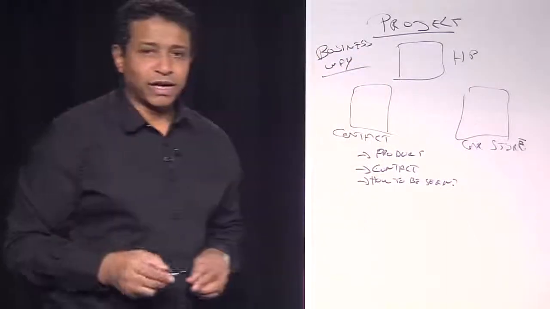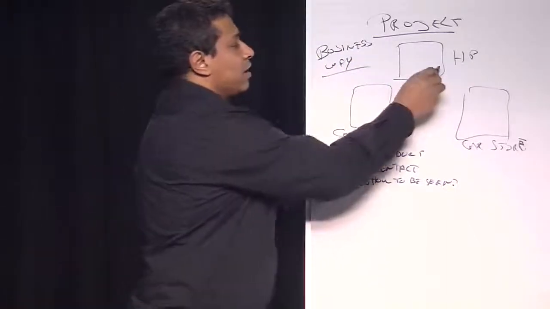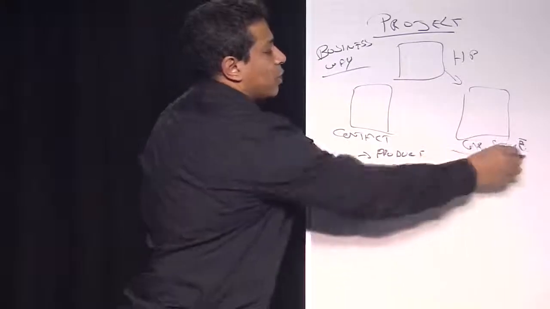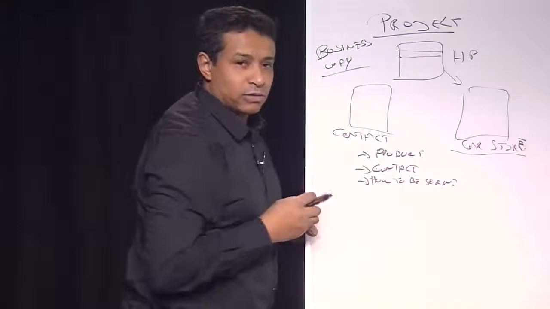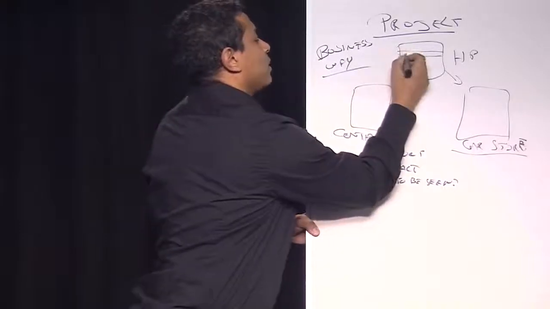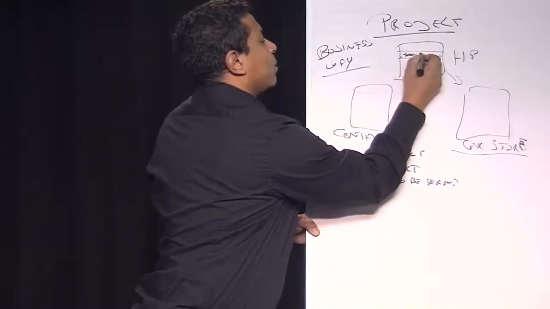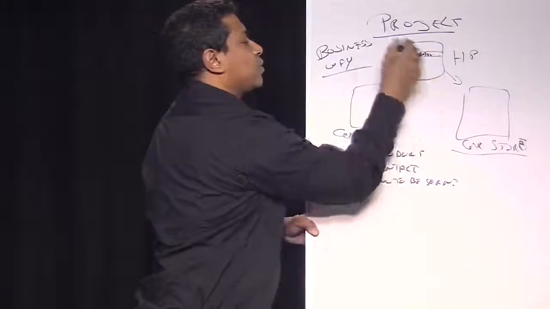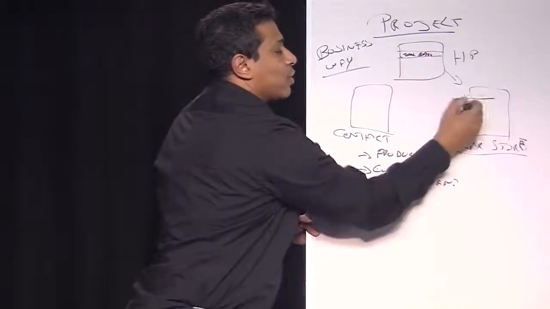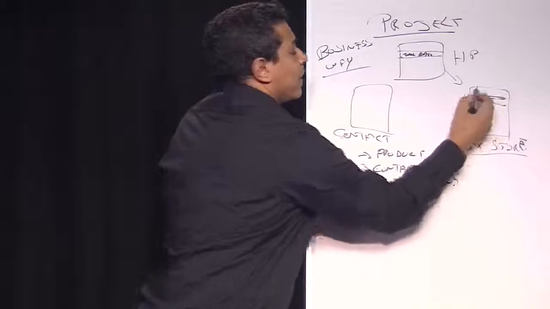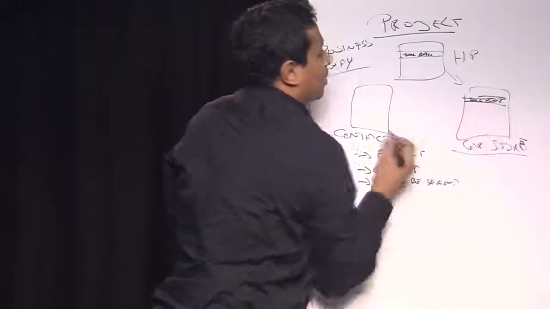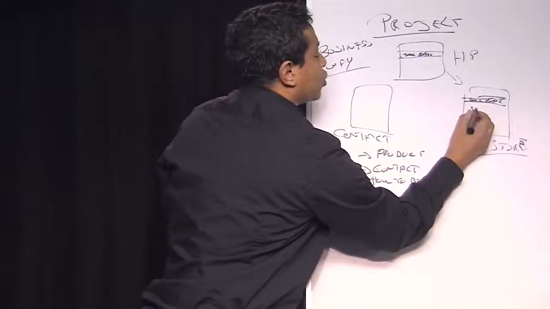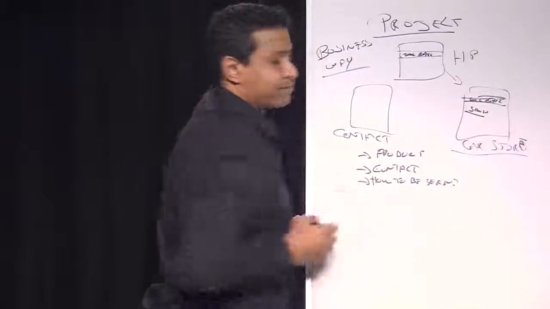To get more in detail, the business way is going to say that from the HP, I've got to go to the car store because it's got to be fast with a toolbar, right? Here, I'm going to get my toolbar because I want to get from the HP to the car store. On the car store, I'm going to get also a toolbar. And I'm going to get, let's say, a shop here.